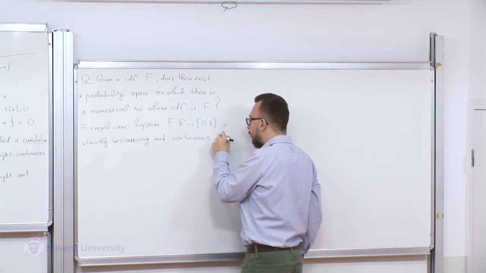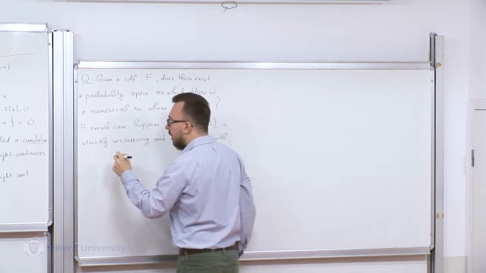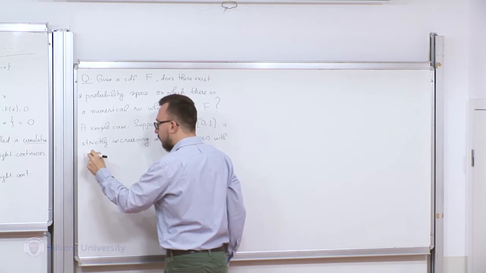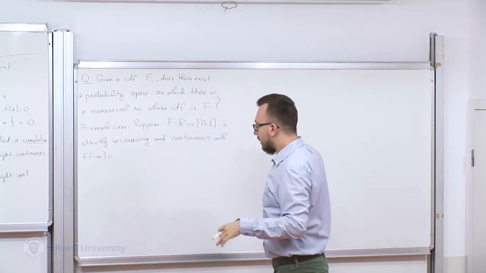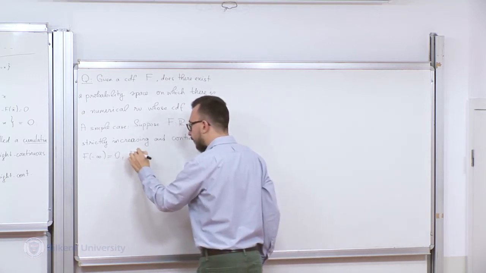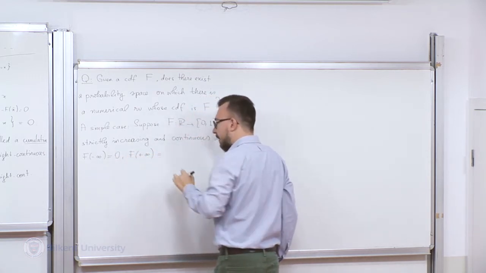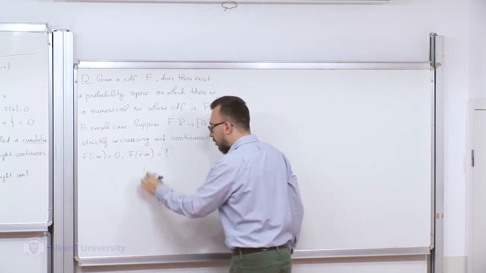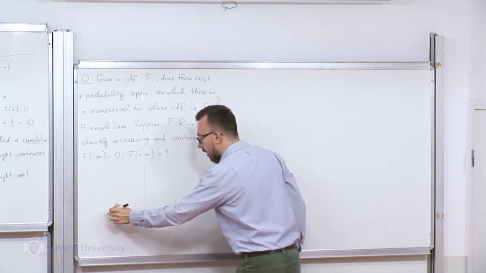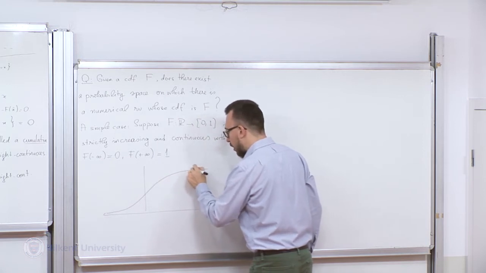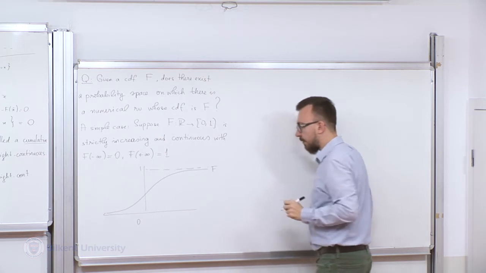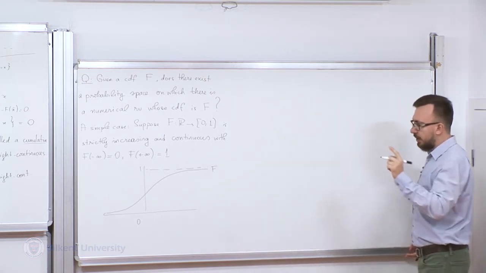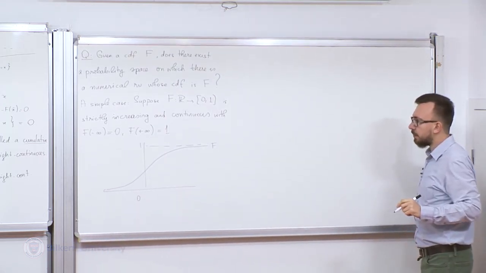You may even assume that the limit as x goes to minus infinity is 0, and the limit at plus infinity is 1, so that your picture looks like this. Okay, this is the picture for F. It's strictly increasing, never stays constant.